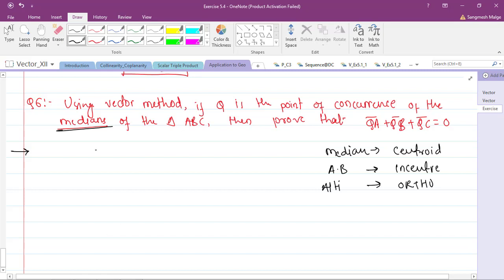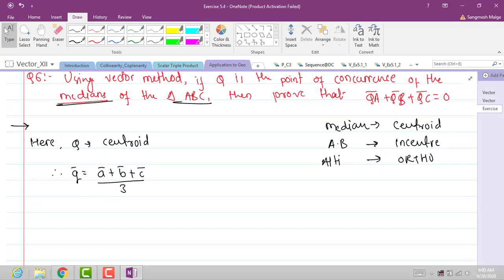Okay, so as here Q is centroid, therefore Q bar is equals to, what are the vertices of triangle ABC? It is A bar plus B bar plus C bar divided by 3. Okay, so what we have to prove?